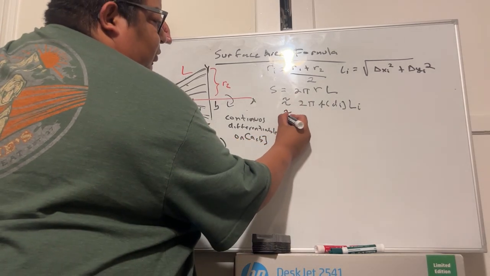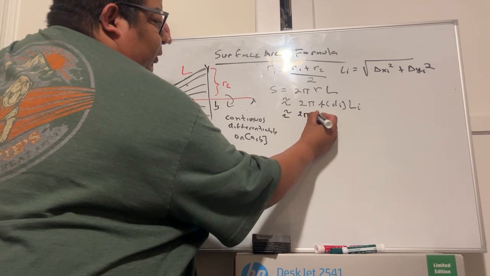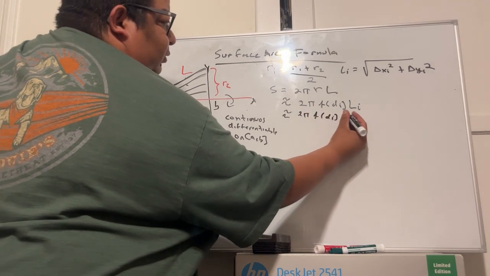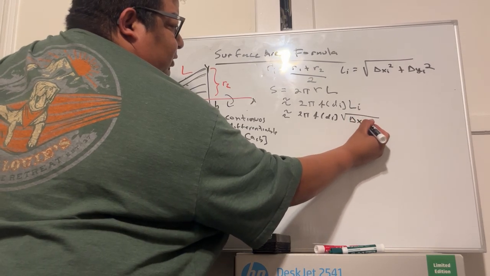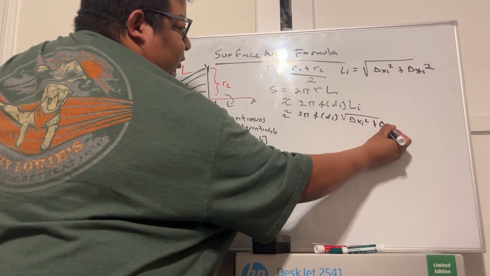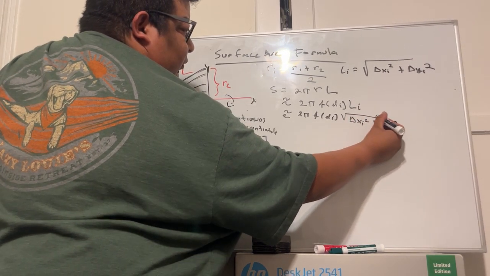And then that's equal to 2 pi f of di times the square root of delta xi squared plus delta yi squared.